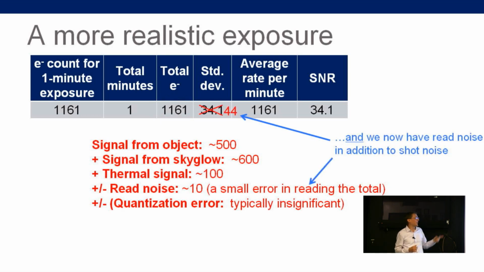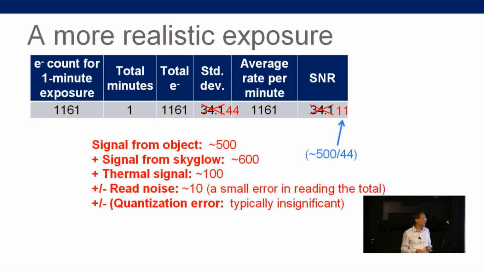So we also have read noise. In this case, we know our shot noise. So the square root of 1161 was 34.1. So that was our shot noise from this. That's our perfect world noise. But actually, we know that the true noise value has about around 10 more electrons added to it. So the real noise level is probably more like about 44.